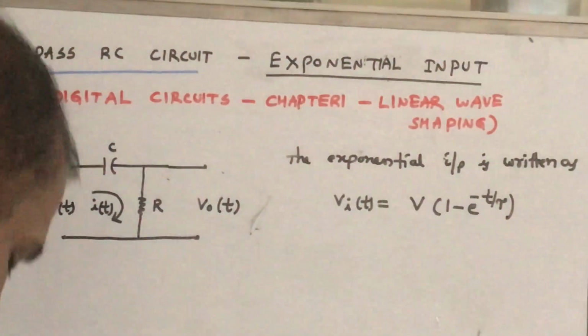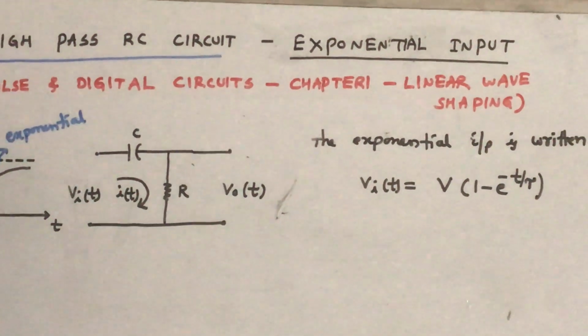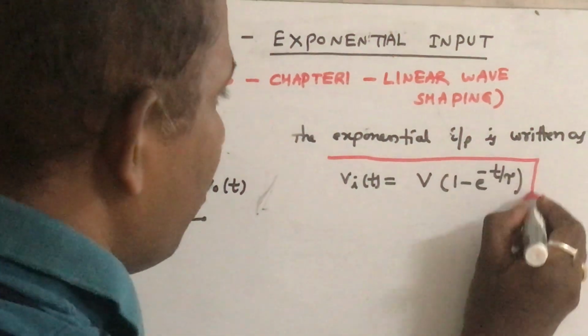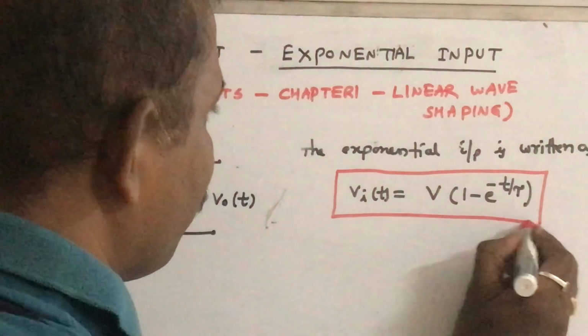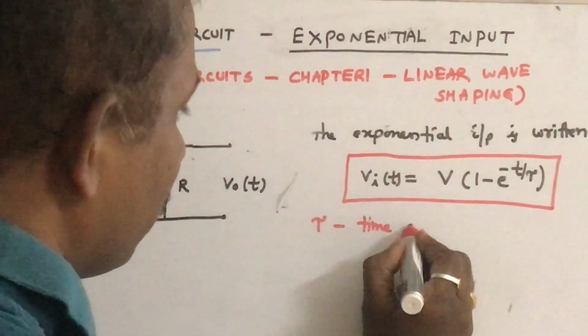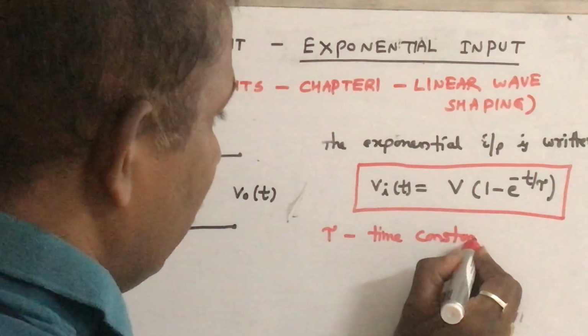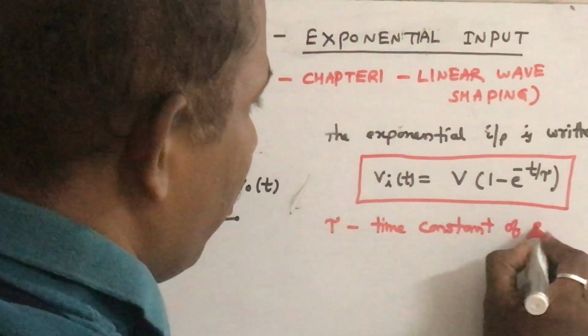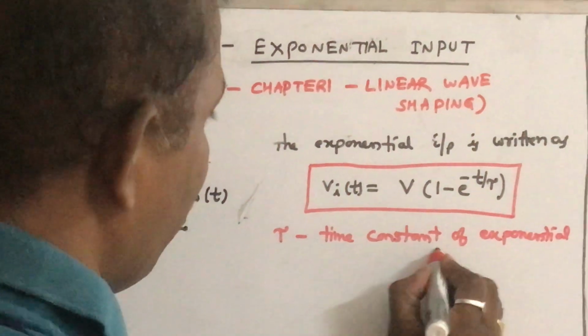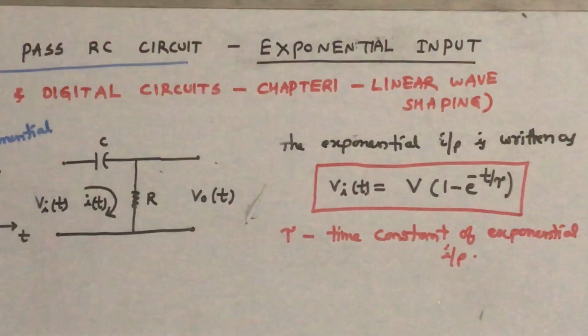So this is the mathematical expression for exponential input voltage, where tau is the time constant of the exponential input.